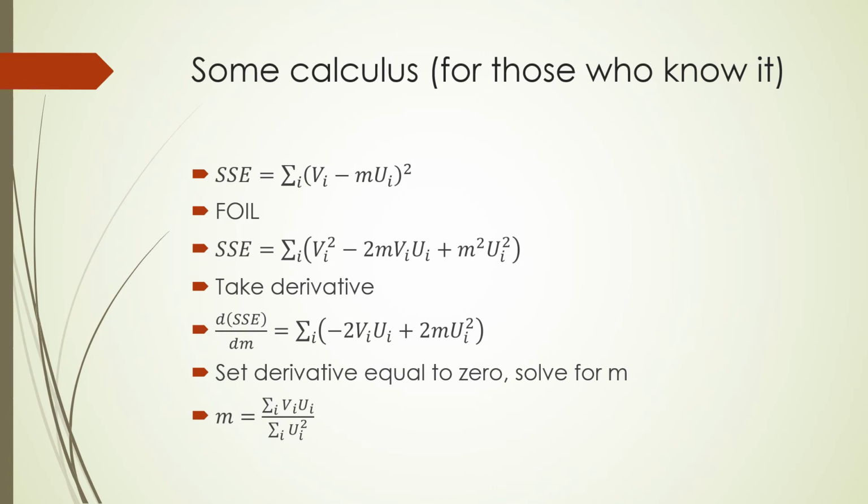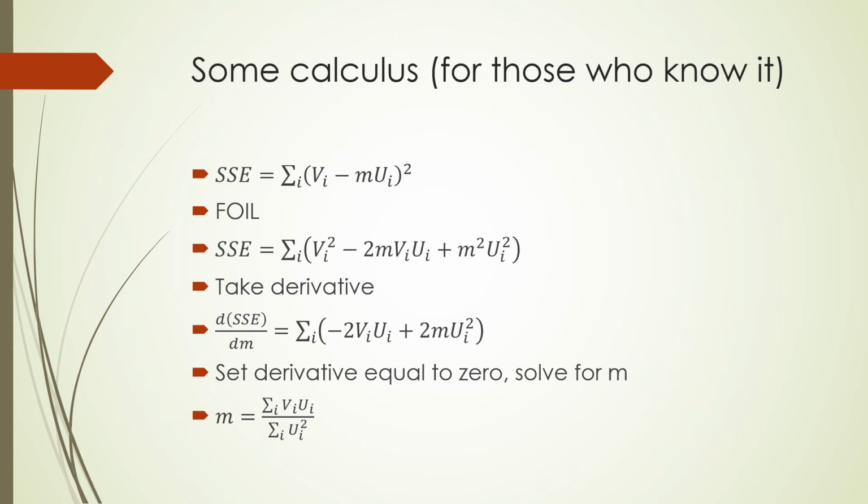In calculus, we're going to take a derivative, in this case with respect to our parameter, the slope. The first term had no m's, so it doesn't appear; the derivative of a constant is 0. The next term is linear in m, so the derivative is just the minus 2 vi ui.